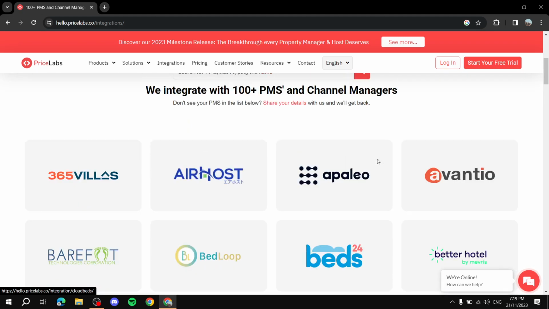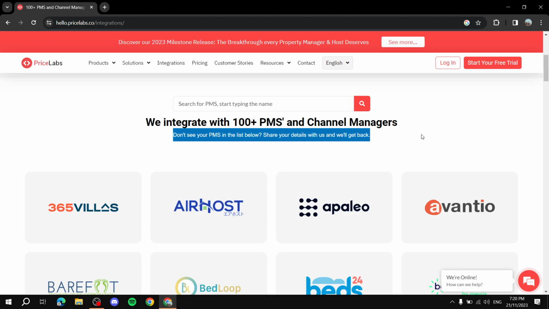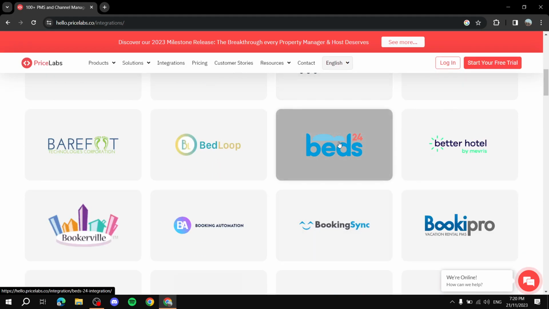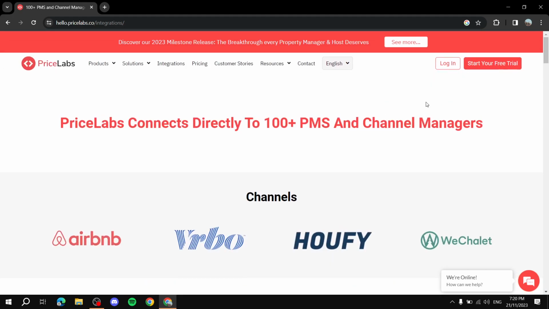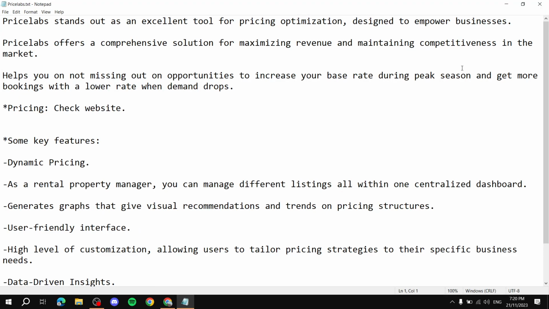And if you don't find it here, you could just look for it here: don't see your PMS in the list below, share your details with us, and we will get back. Maybe they will even hook you up with a certain integration that you can't find here, and much, much more.